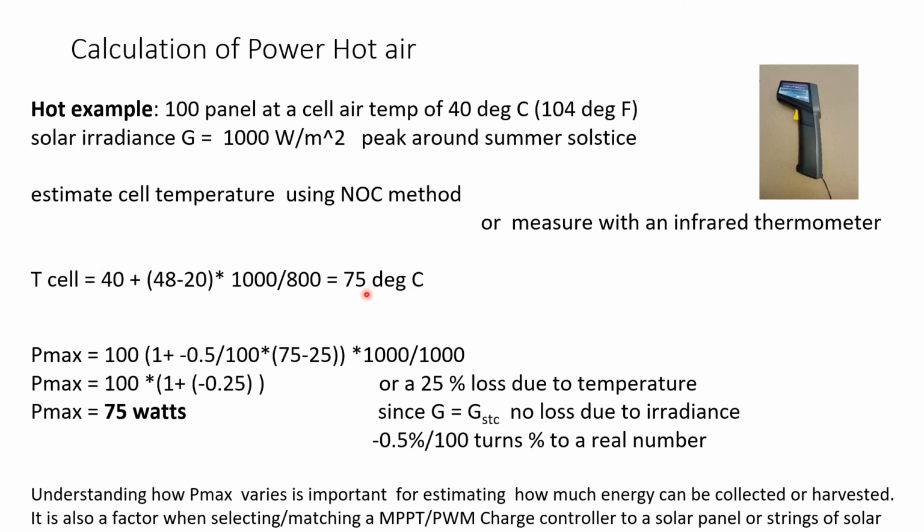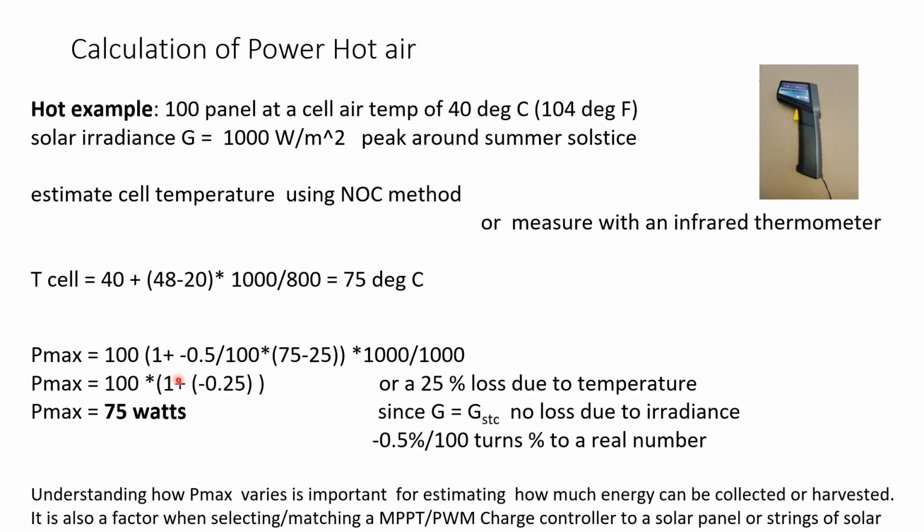So I would expect the solar panel to get up to 75 degrees C. Now, I'm not real sure how accurate this NOCT method is, but it's a good guess. And if we add 30 to that, we get up to 70, so we're within a few degrees.